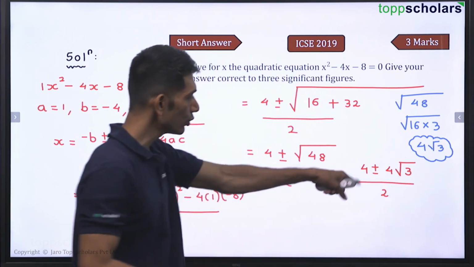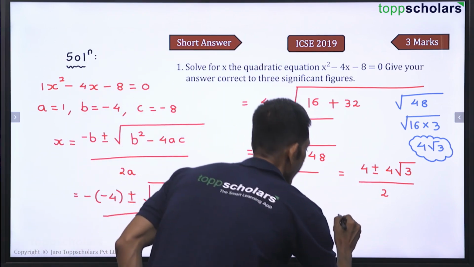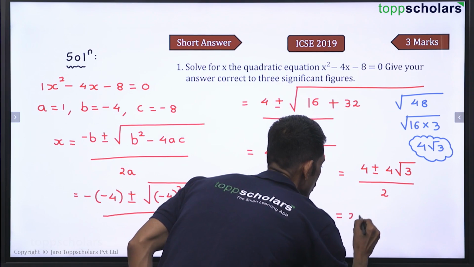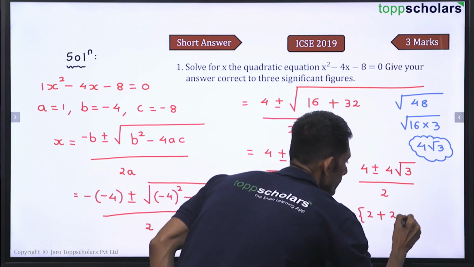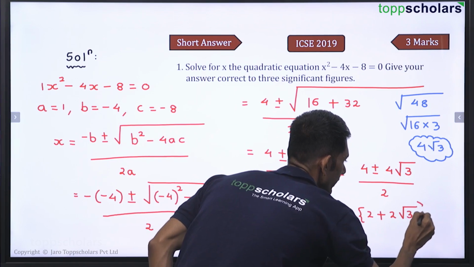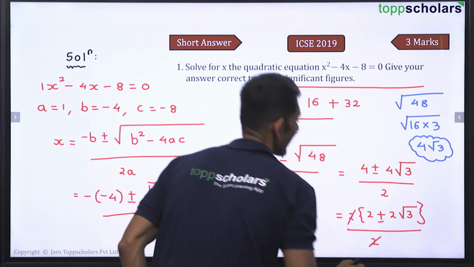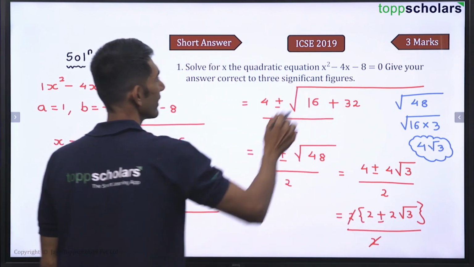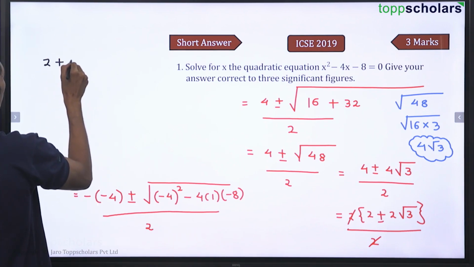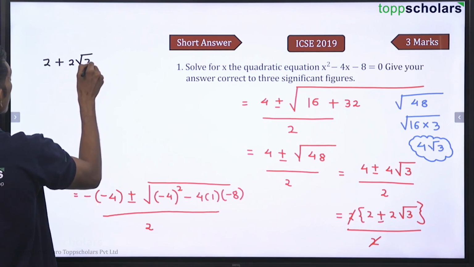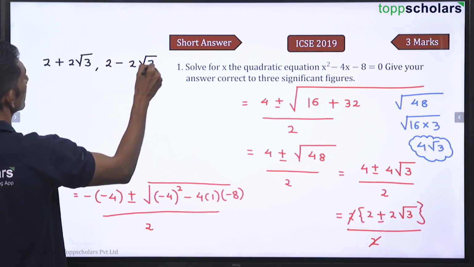So if I take 2 common from the numerator, I will have 2, then 2 plus 2 root 3, here is minus, and that is divided by 2. So 2 gets cancelled. So ultimately I get 2 plus 2 root 3, or 2 minus 2 root 3.